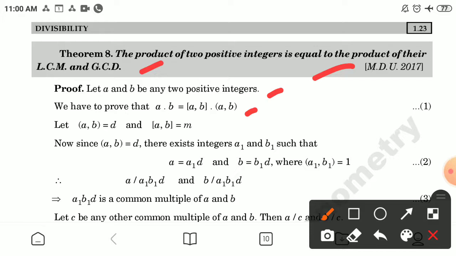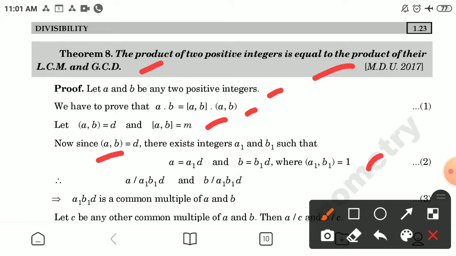Let greatest common divisor of A and B equal D and least common multiple is M. Now since greatest common divisor is equal to D, there exist integers A1 and B1 such that A is equal to A1D, B is equal to B1D, where greatest common divisor of A1 and B1 is 1, marking this as number 2.